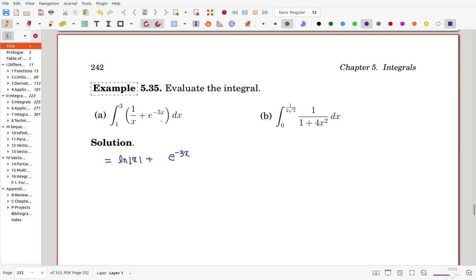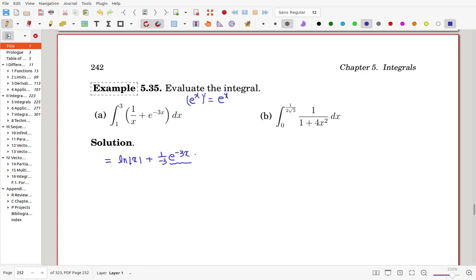For the exponential function, e to the x, the derivative is always the same as itself. So the antiderivative of that one must be this one, and if you take the derivative of this term, then minus 3 will come out, so you put 1 over minus 3 here. Then this whole thing, after differentiation, will become that. So this is the antiderivative.